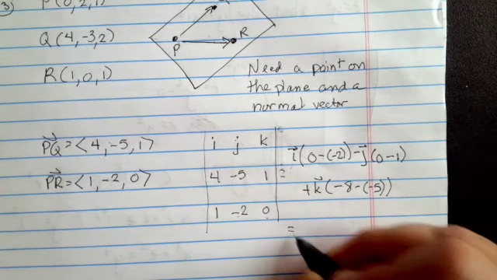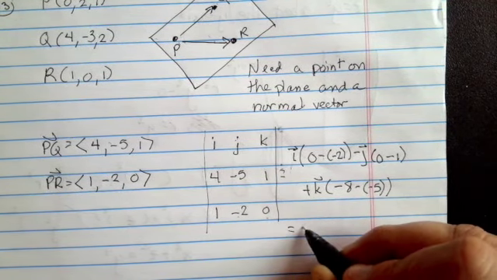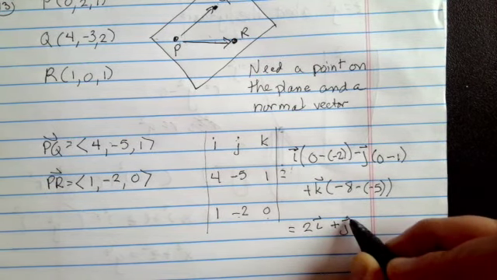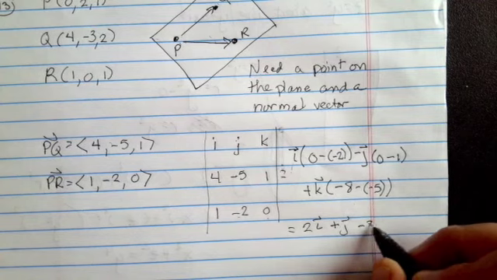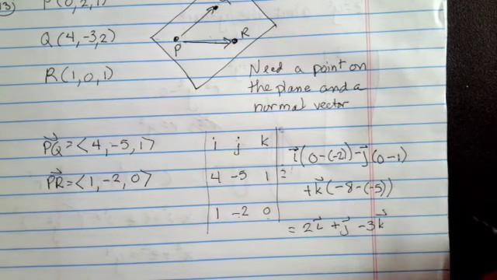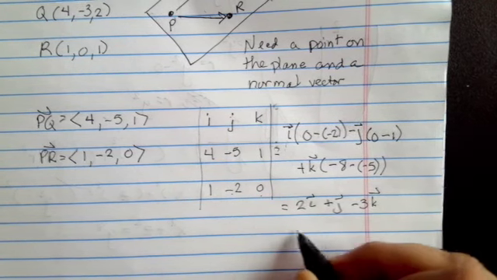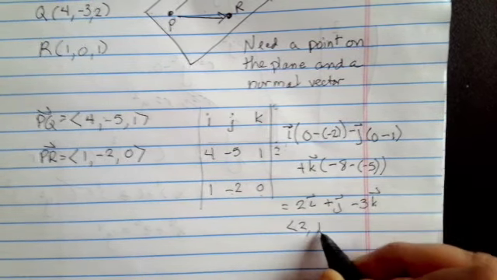So that's going to be, it looks like, 2i plus j minus 3k. And so our normal vector would have components 2, 1, and negative 3.